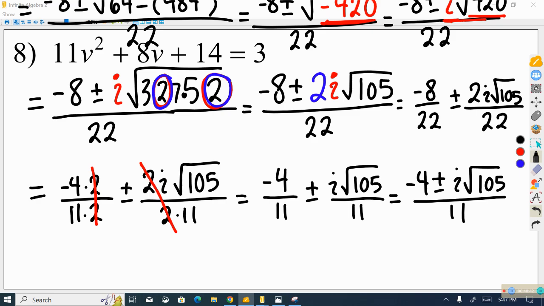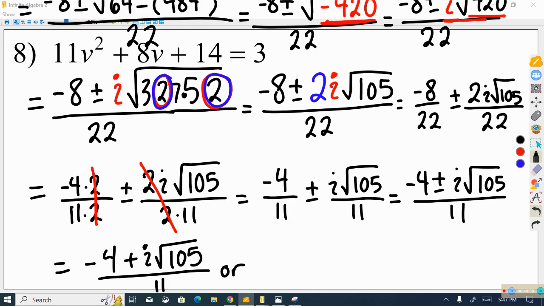So now we get our 2 answers. Our final answers would be -4 plus i times the square root of 105 divided by 11, or -4 minus i times the square root of 105 divided by 11.